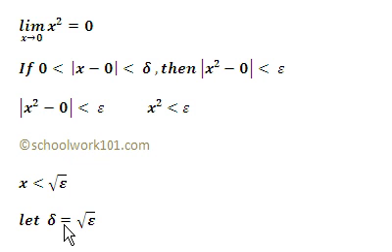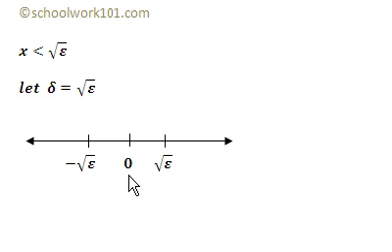So we can let our delta equal the square root of epsilon. Even though I found x is less than the square root of epsilon, remember that we're coming over in this direction, a negative square root of epsilon. So keep that in mind. Okay. Anyway, so our delta is the square root of epsilon.